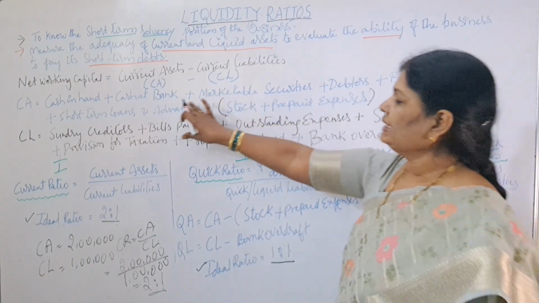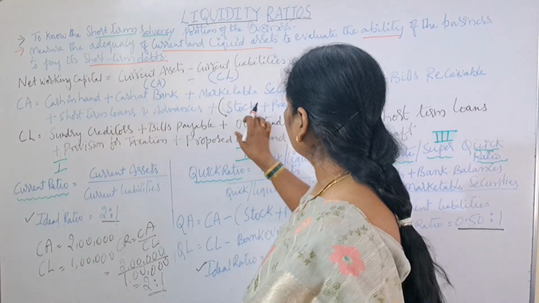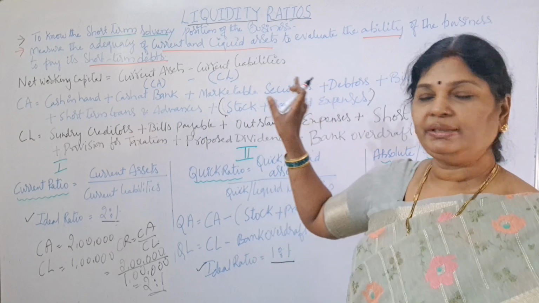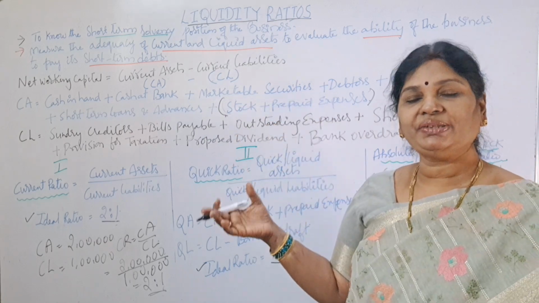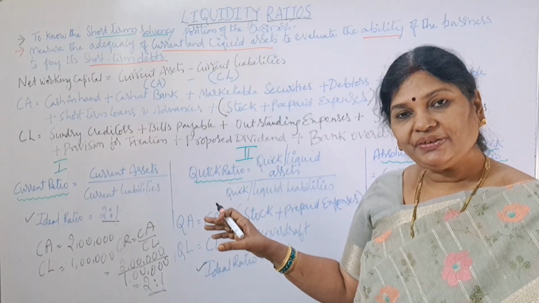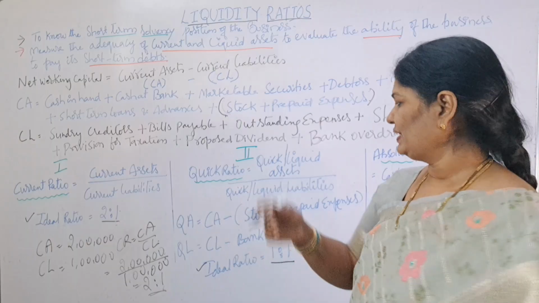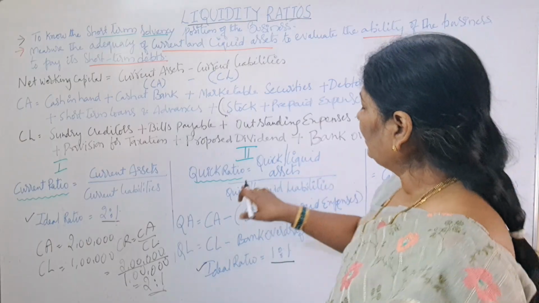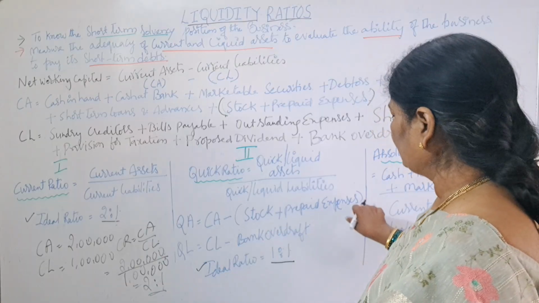If the current assets total is 2 lakhs and the stock is 10,000 and prepaid expenses are 5,000, that is 10,000 plus 5,000, so it is how much? 15,000. So from 2 lakhs of total current assets, if you deduct this 15,000, what are our quick assets? 1,85,000, right?